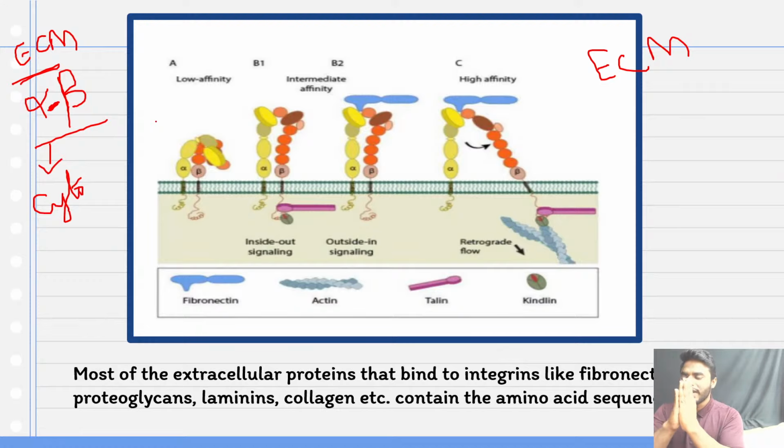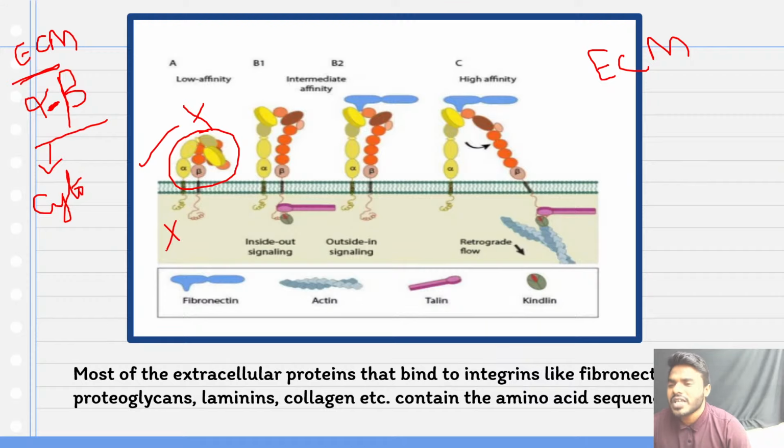When alpha and beta are associated tightly, then only these two together can associate with both ECM and cytoskeleton. Look into the first diagram. Here the affinity is very low, which means alpha and beta are not associated very tightly. Hence, they cannot associate with the ECM protein or the cytoskeletal protein.